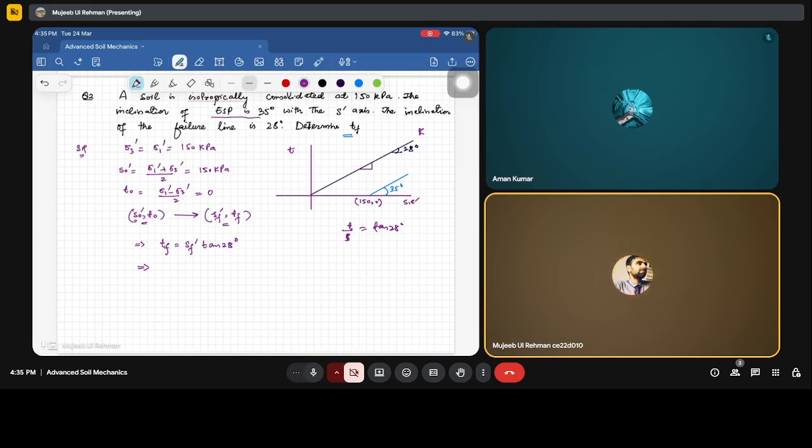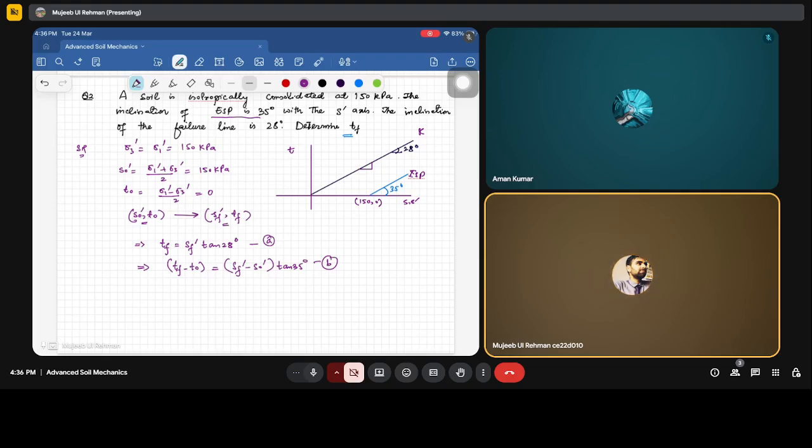The change in S and change in T can be related to the slope of this ESP line, so delta T by delta S is equal to the slope of this ESP line. Fine. So what is the change in T? The change in T, TF minus T naught, can be written as SF dash minus S naught dash times tan of 35 degrees. Correct? So this is equation A, this is equation B.